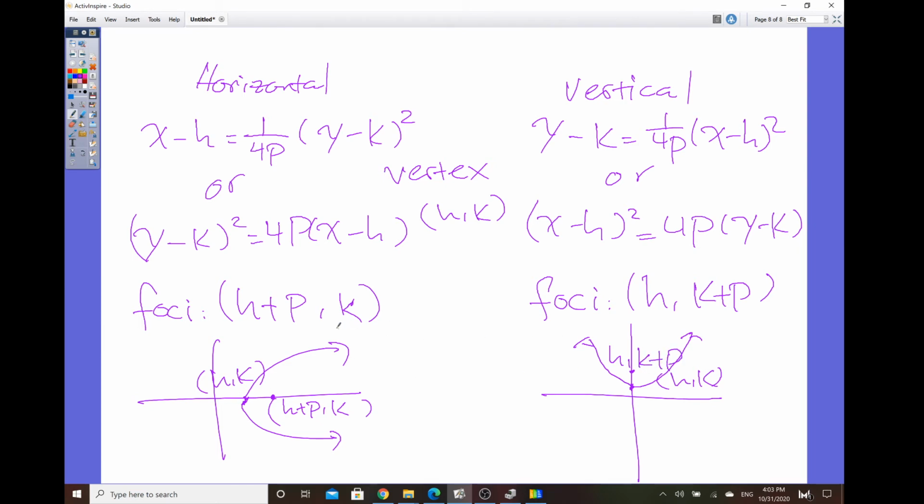For the directrix, for this one it is x equals h minus p. So the directrix would be this one right here. For those wondering what a directrix is, it's kind of like showing the boundary, the balancing line of the parabola. And for this one, the directrix is y equals k minus p.